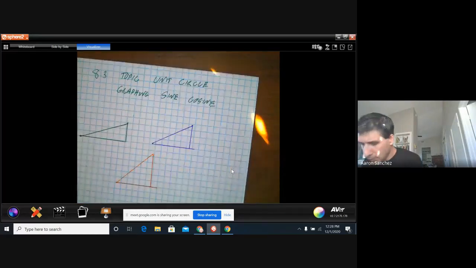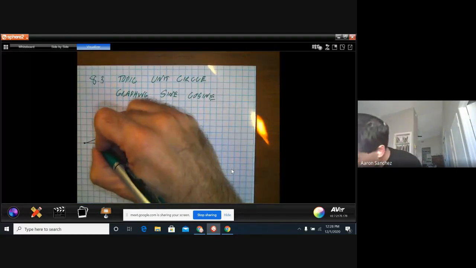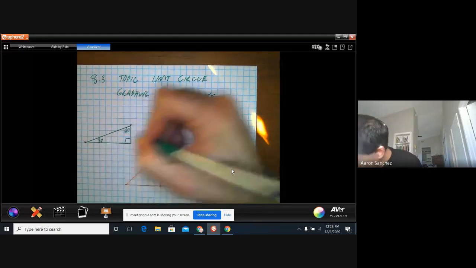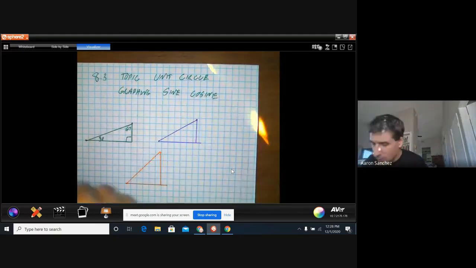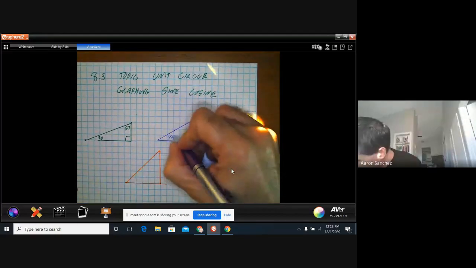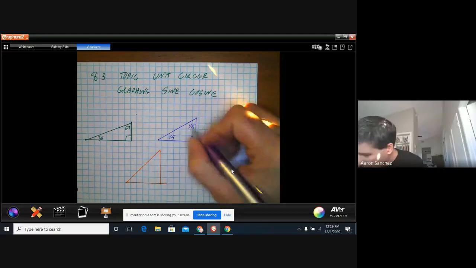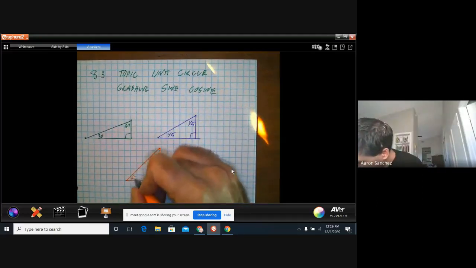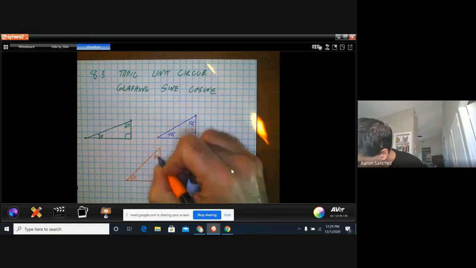Okay. This triangle, let's call it a 30, 60, 90 triangle. This one will be a 45, 45, 90 triangle. And this one we'll call a 30, 60, 90, but this one will be my 60, 30, 90.